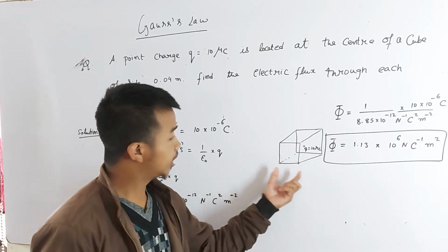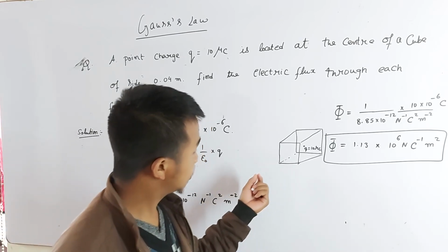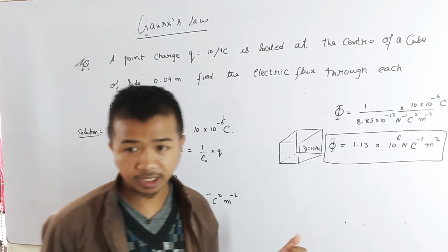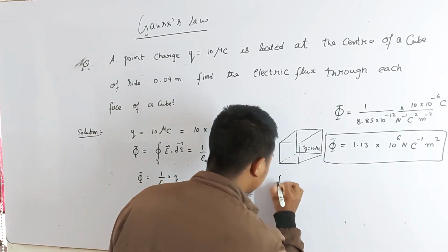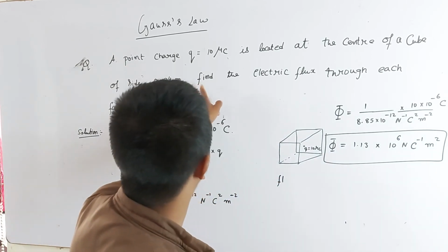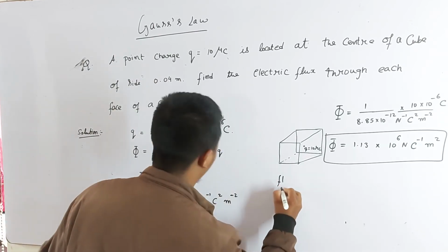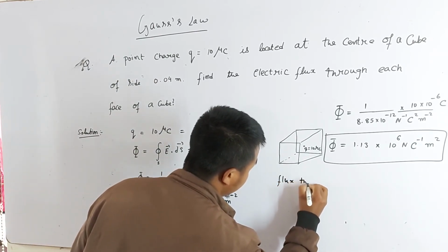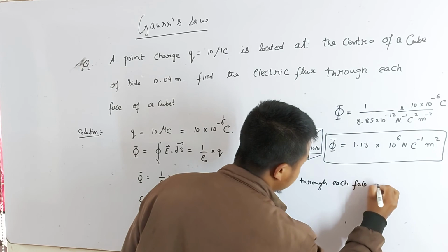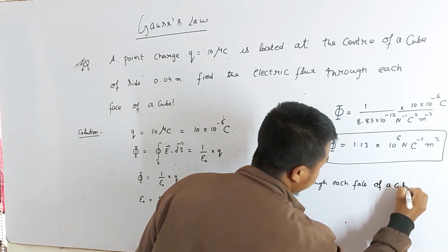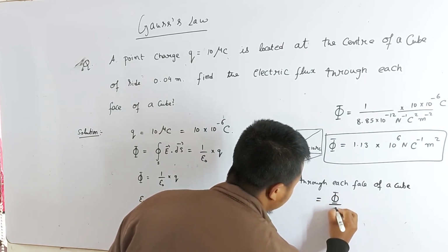But we can see from here that 6 faces of equal area make a cube. Therefore, what is the flux through only one face? Here the question asks us to find the electric flux through each face of a cube. So the flux through each face of a cube is equal to the total divided by 6.